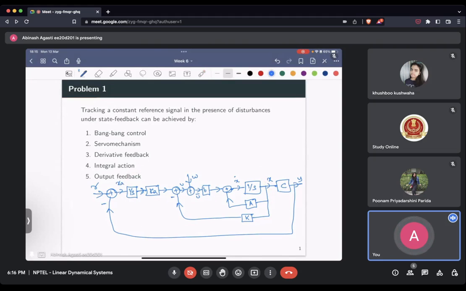We'll take a term xa dot. So here I'll get xa. Then this is multiplied with some gain, and then this is input into this remaining system. Along with this, I give a feedback of K.